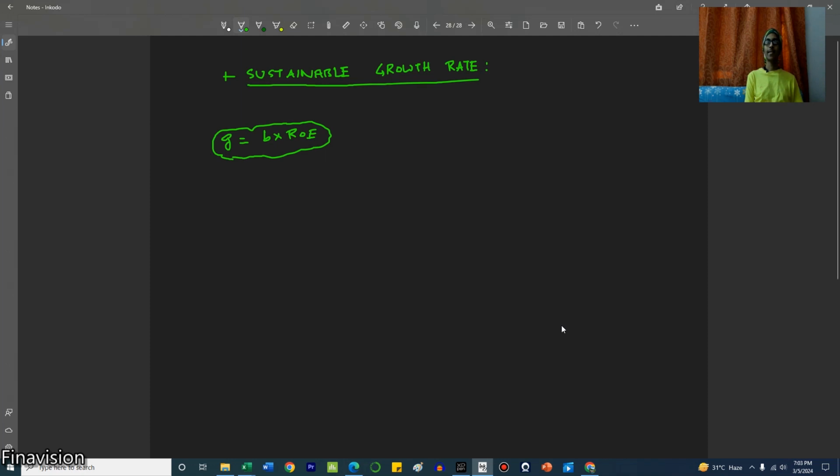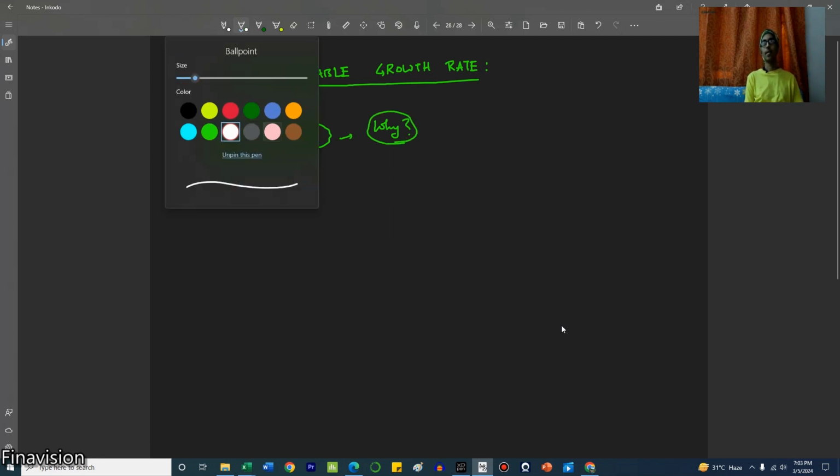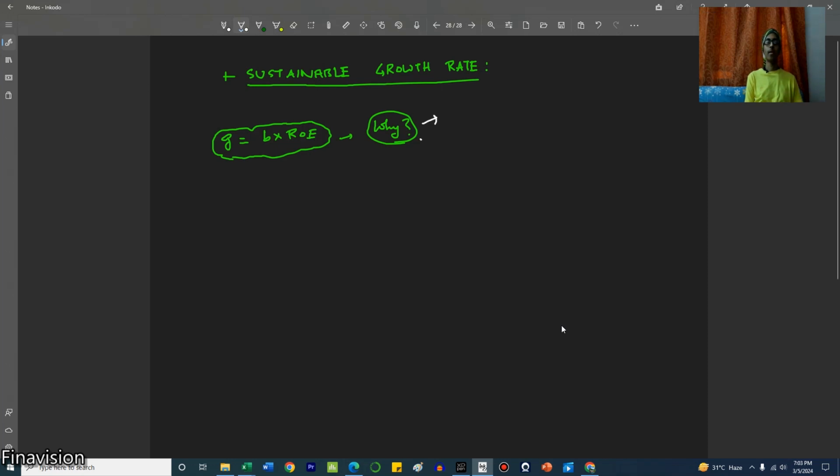If we ask why this expression is holding, one of the reasons is the larger the retention, the larger is the future earnings and dividend growth rate, right? If earnings are not retained, where will the growth come from, right? You have to arrange external funds.